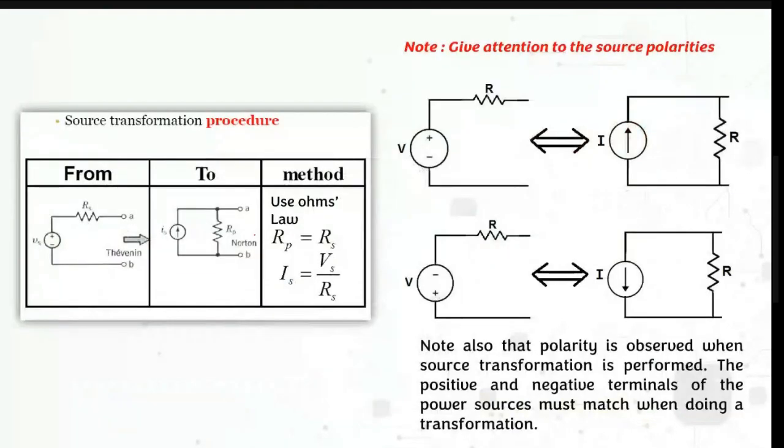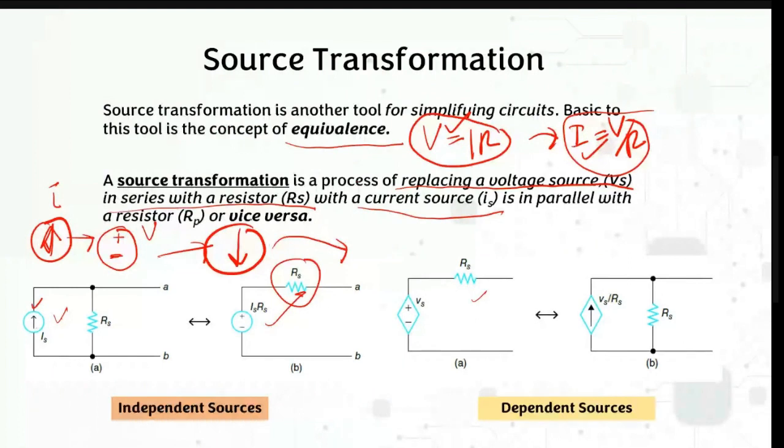Just follow the directions. Since the current comes from this direction, this is going to be negative and this is going to be positive. So you also have to note this polarity when converting from current to voltage or from voltage to current.